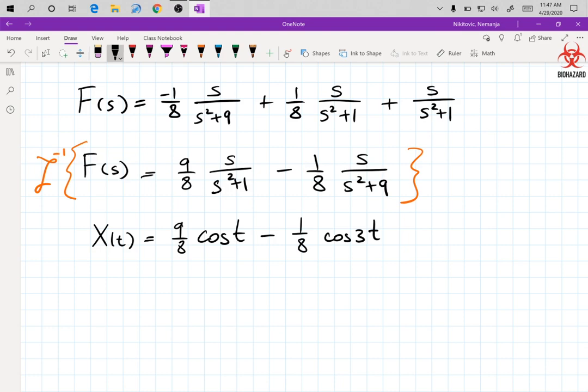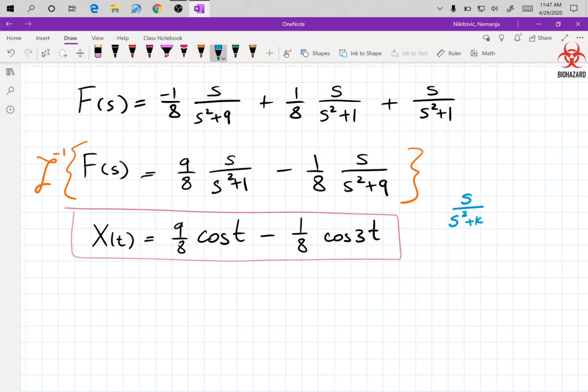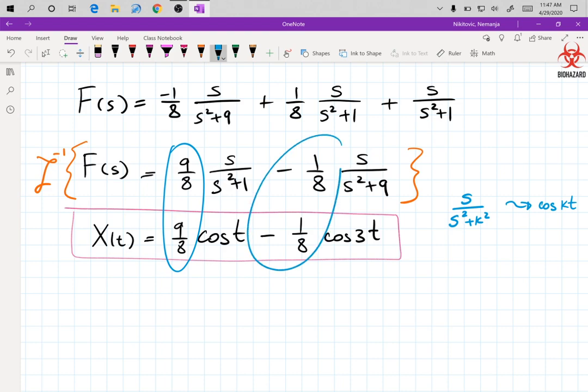The coefficients are there, everything is there, we're done. Why is it cosine? Because s over s squared plus k squared transforms into cosine kt, and the coefficients in front stay the same, the signs stay the same, all of that.